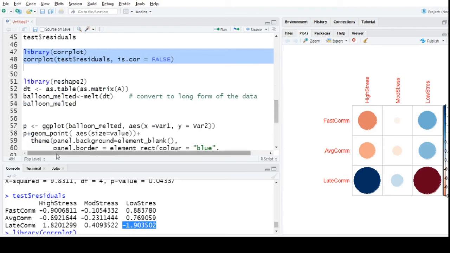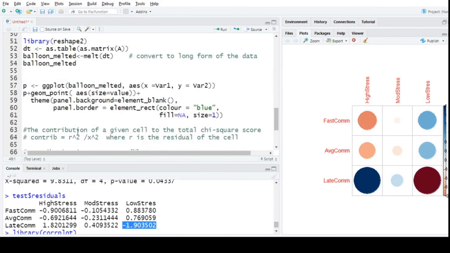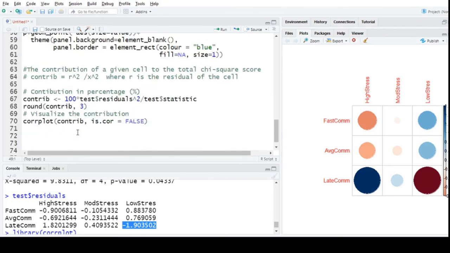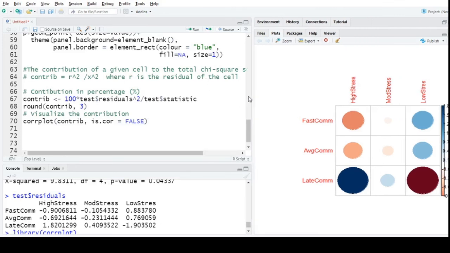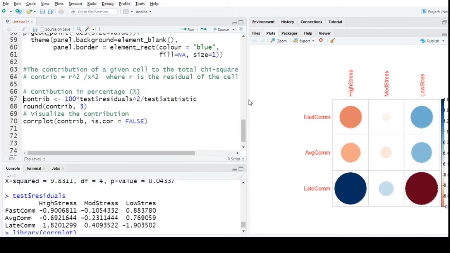Also, let me do this one as well, the same thing if you want to convert it into a percentage. So this is the residual plot that we have done. Now if you want to see the percentage contribution of a given cell to the total chi-square score: each cell in the contingency table contributes to the total chi-square value, right?